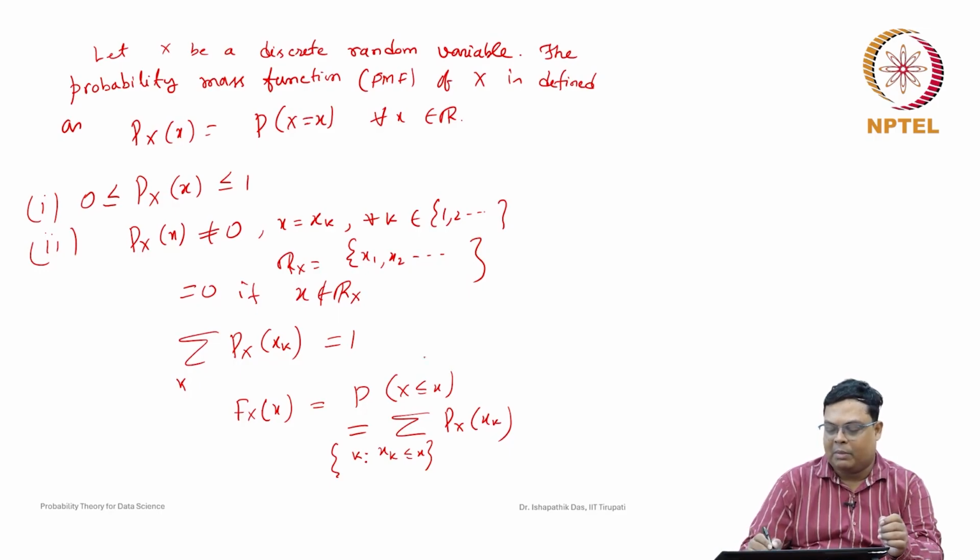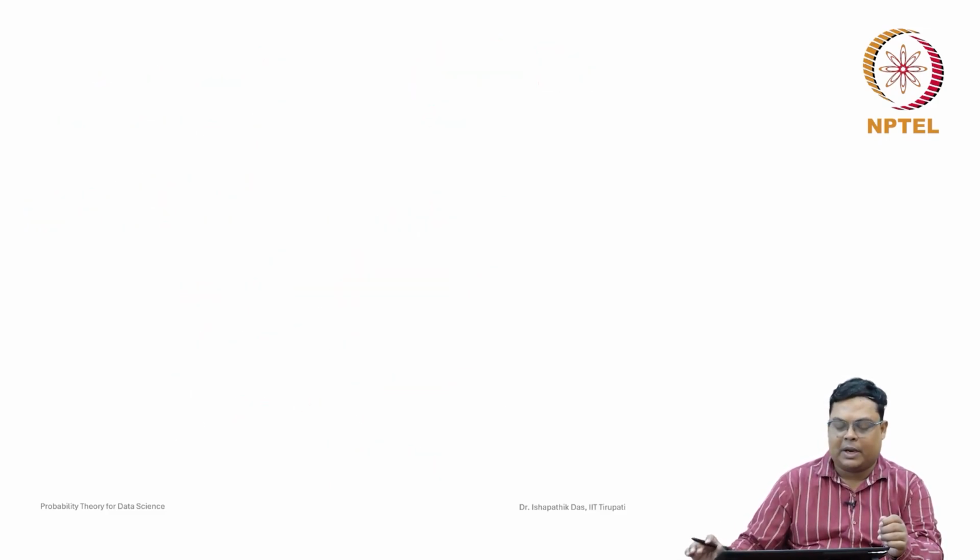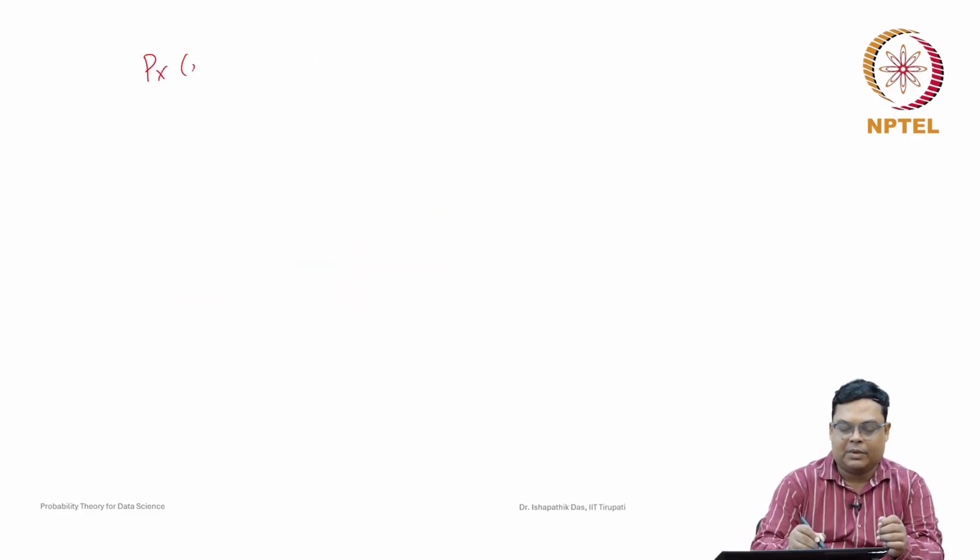If small x is less than x_1, then F_X(x) will be 0. We already discussed all this. Also, if you know the probability mass function, you can find the cumulative distribution function, and if you know the cumulative distribution function, you can also find the probability mass function. That is, P_X(x_1) is nothing but F_X(x_1), and for any other value, P_X(x_k) is nothing but F_X(x_k) minus F_X(x_{k-1}).